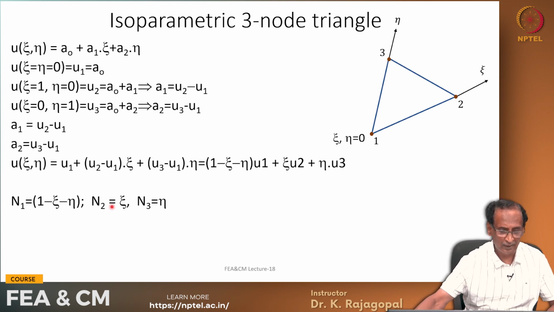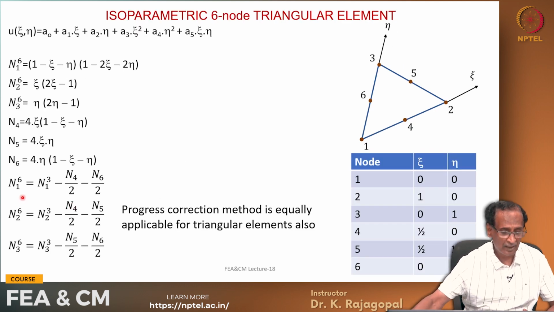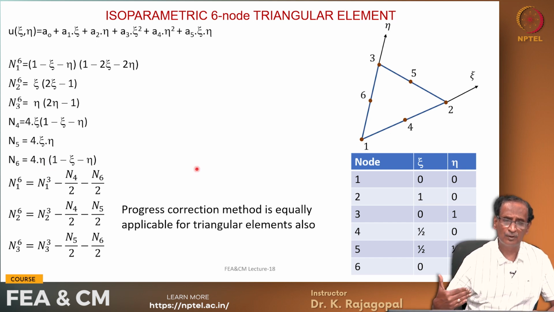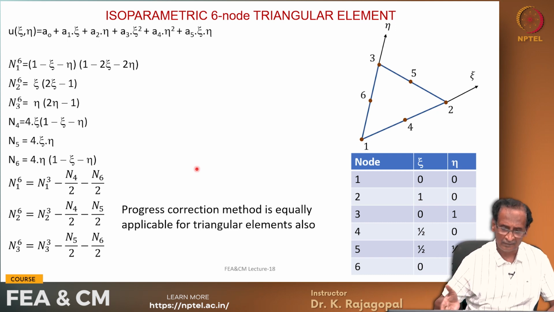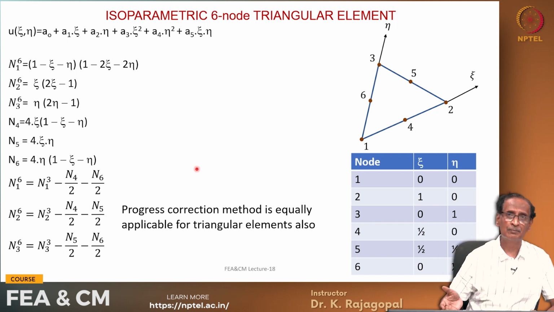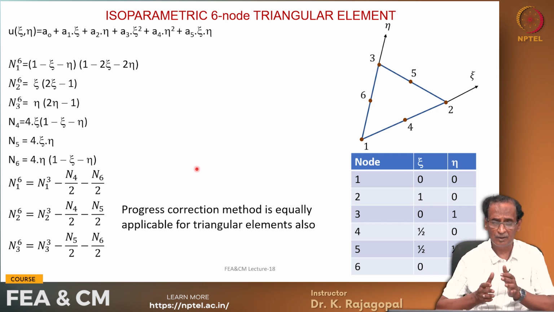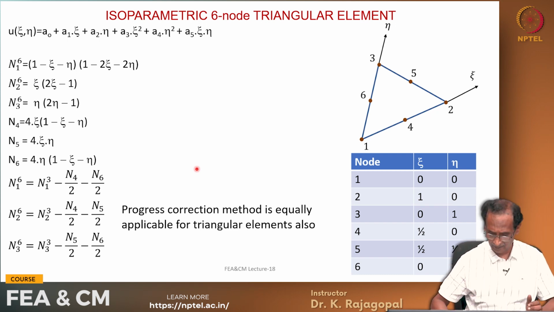So our n1, n2, n3 are given here for the 3 node element, and for the 6 node element we can get this, and in between we can have a 4 node triangle or 5 node triangle or a 6 node triangle. It does not matter, because whatever procedures that we discussed earlier are also valid for this particular element. Okay.